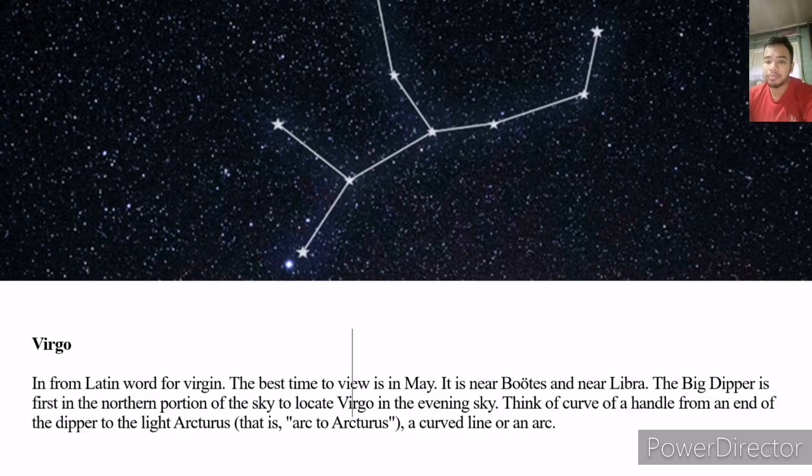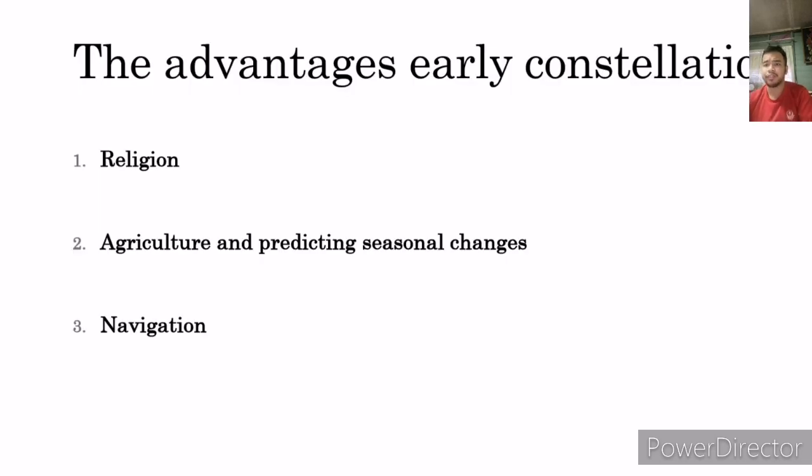Next, sorry, I'll only explain 3 of the constellations. So we will go to the advantages of the early constellations. Right now we have 3 advantages: religion, agriculture and predicting seasonal change, and navigation.